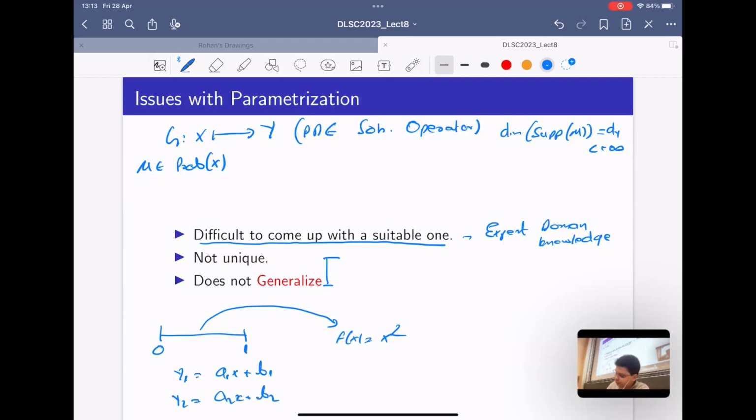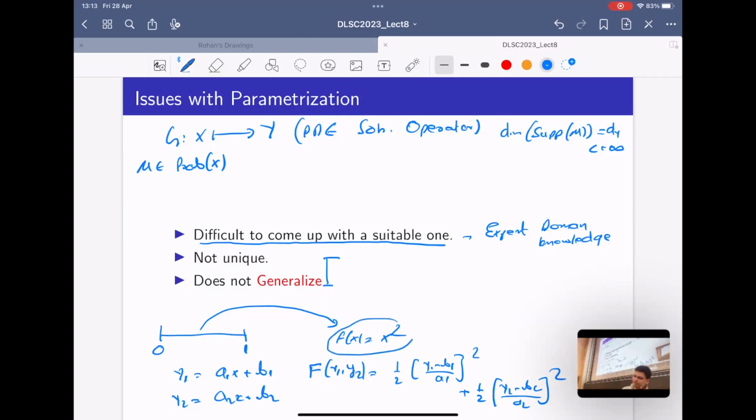And now my function, capital F of Y1, Y2, I would simply call this half of ((Y1 minus B1) by A1) squared plus half of ((Y2 minus B2) by A2) squared. So as you can see, it is exactly the same function that is being learned, right? The function that I'm asking is just f of x equals x squared, but I'm rewriting it in terms of a slightly different parameterization like this.